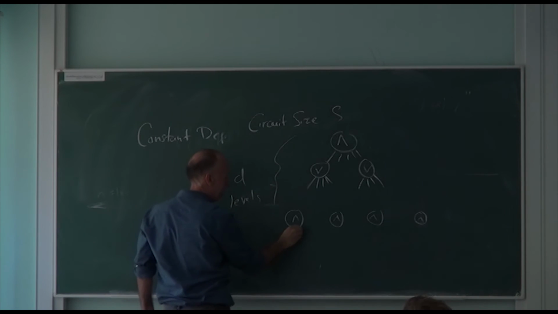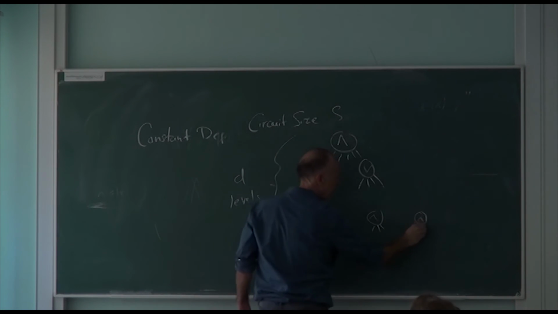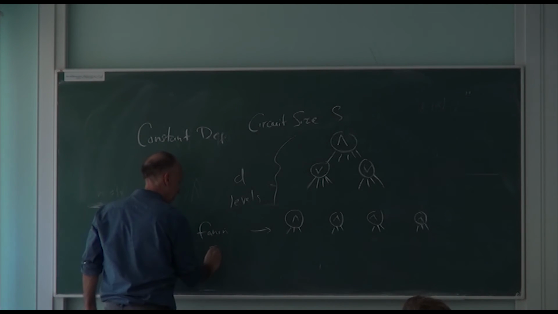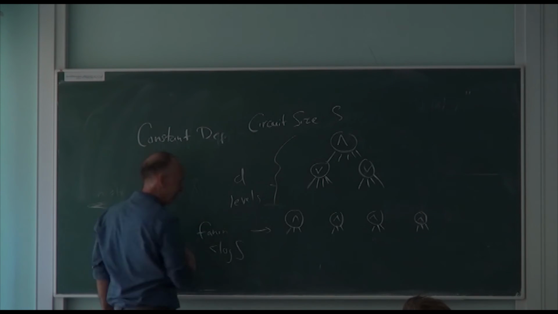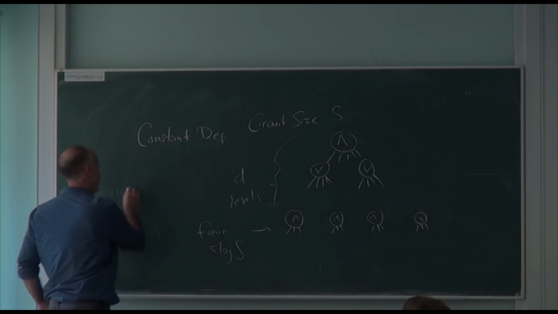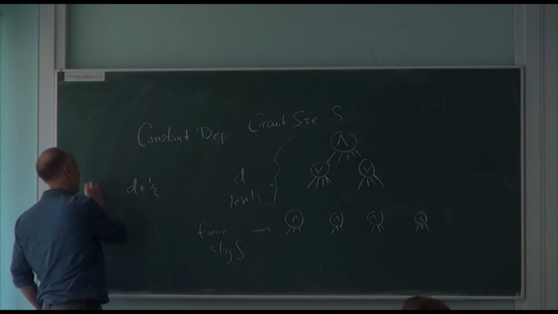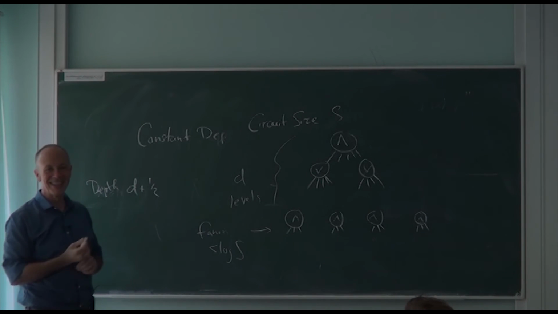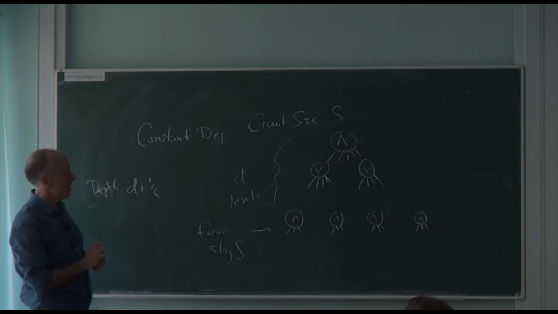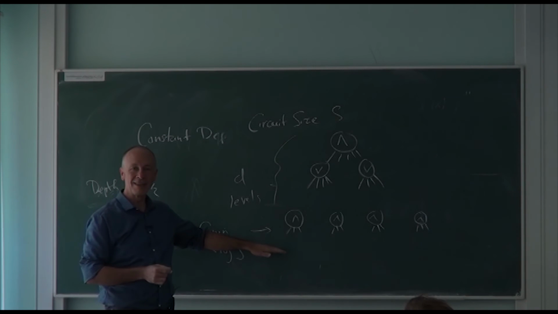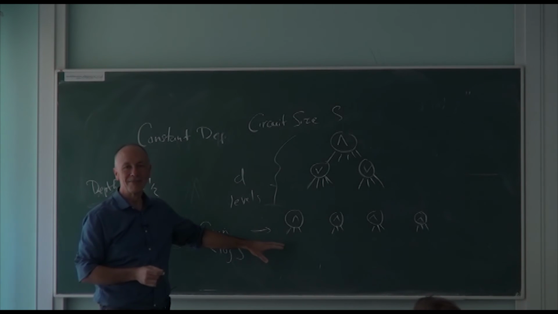And at the very bottom, I have fan-in less than log of S, and that doesn't count towards the depth. Sometimes we call that depth D plus a half, the half meaning we've got this extra little bit on the bottom, or maybe it should be D plus epsilon, but we don't use that terminology here. So sigma prime depth just means we allow a bottom layer of fan-in log n gates, and we don't count those towards the depth.